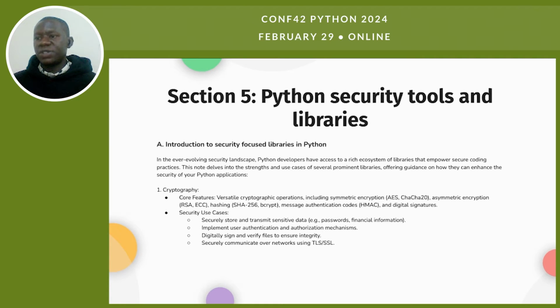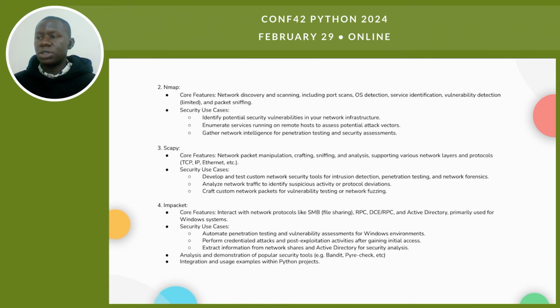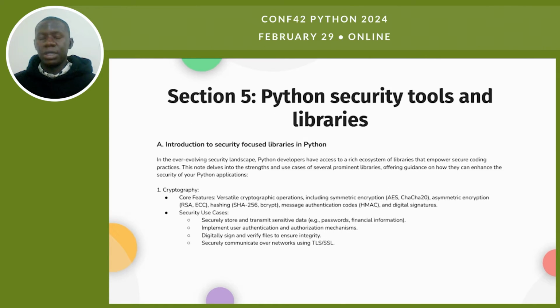The next one is security use cases: securely store and transmit sensitive data, implement user authentication and authorization mechanisms, digitally sign and verify files to ensure integrity, and securely communicate over networks using TLS and SSL. That's Transport Layer Security and Secure Sockets Layer.